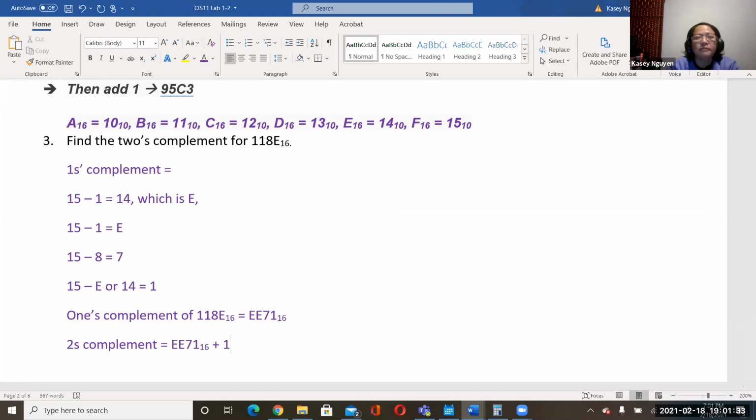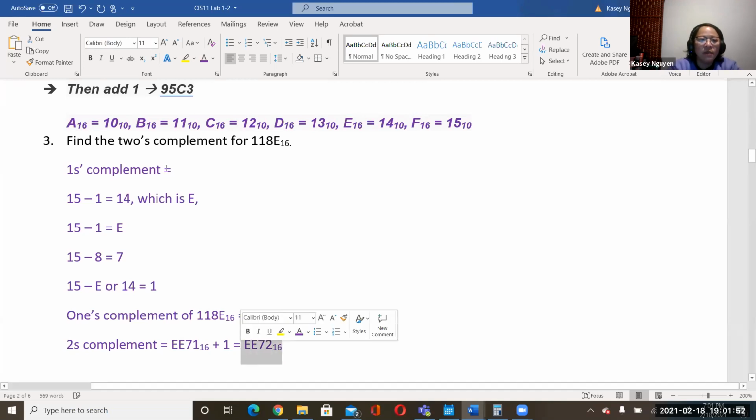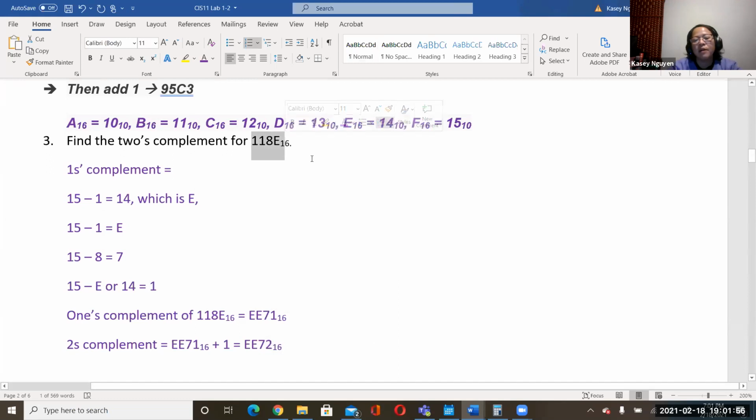EE72. Okay, so this is the 2's complement of the given, the required, the problem value.